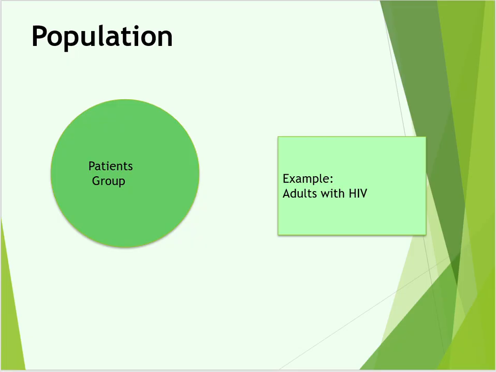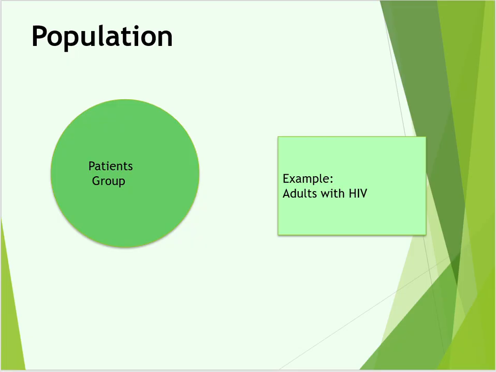We can have children, between a particular age and another, who are living with maybe sickle cell anemia or any other condition. So population is basically a group of people with a particular characteristic that you're going to study.